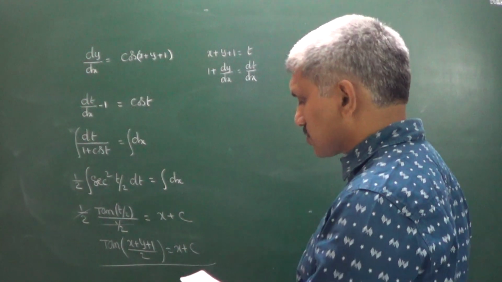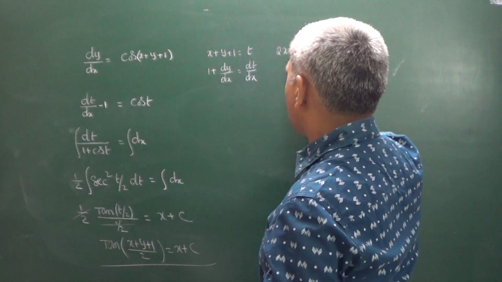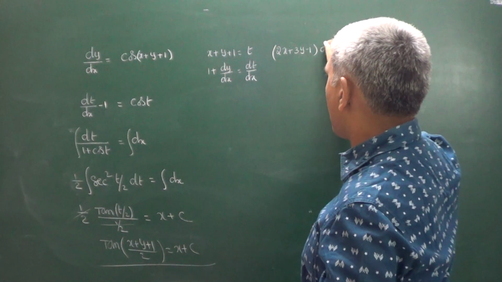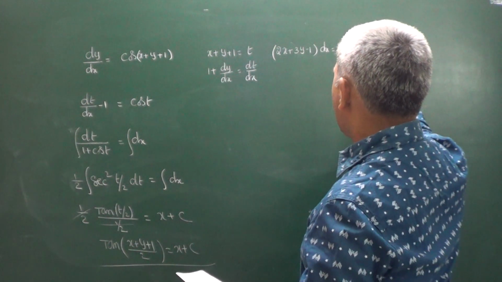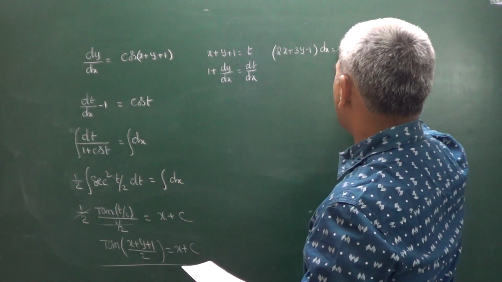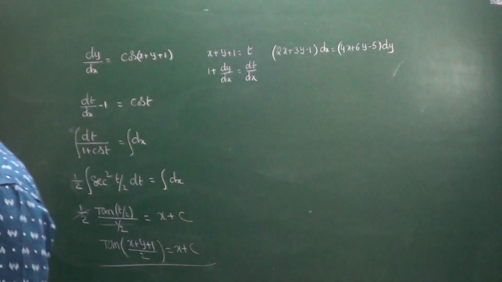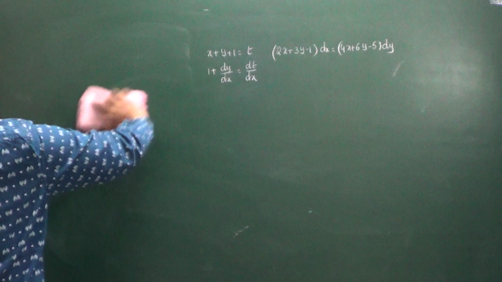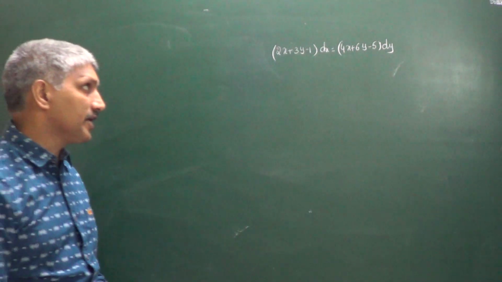So let's discuss one more question here. The question is given in this way: 2x plus 3y minus 1 into dx is equal to 4x plus 6y minus 5 into dy. That is another question based on variable separable form only, but we have to reduce it into variable separable form. Anyone got an idea here?